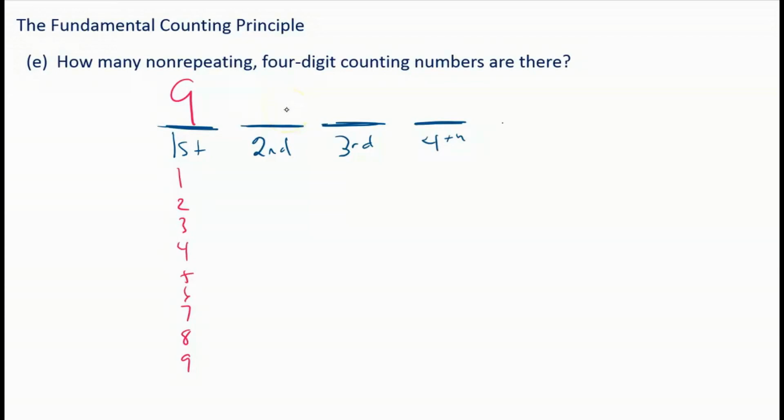Well, for the second number, let's think about it. 0 is okay, right? 0, 1, 2, 3, 4, 5, 6, 7, 8, 9. Any of those numbers is okay. If you count that, that's 10 numbers. But let's keep in mind, we can't repeat. What does that mean? We've got to throw one of these numbers out. Does it matter which one? It doesn't matter which one, right?